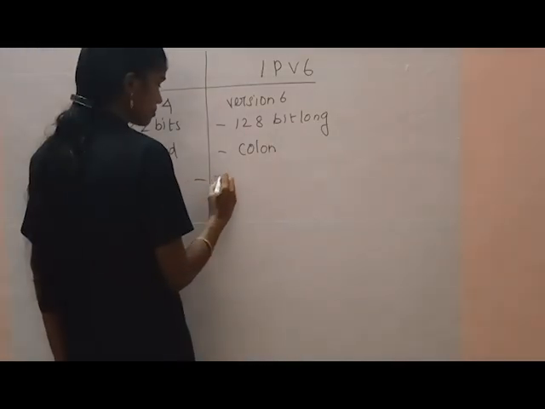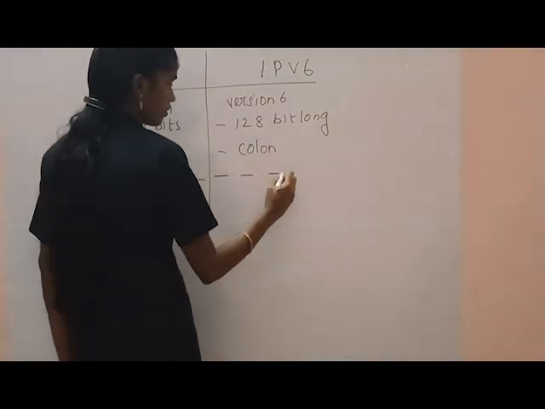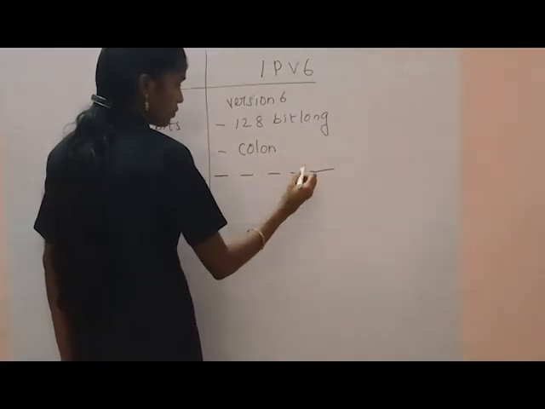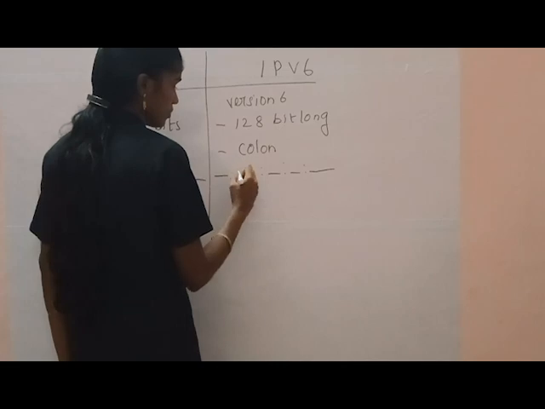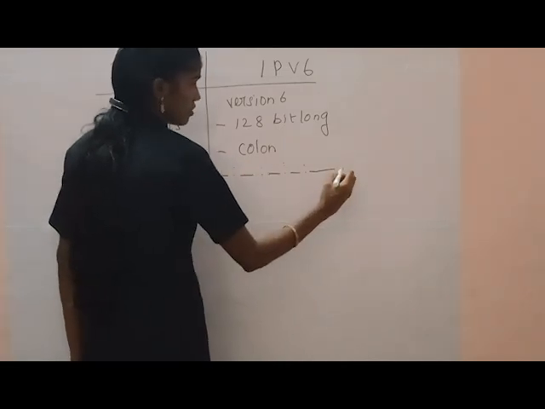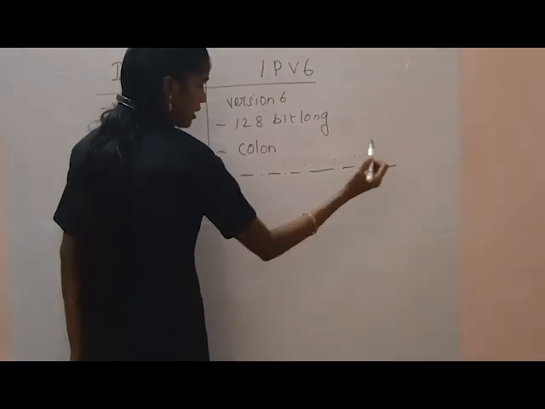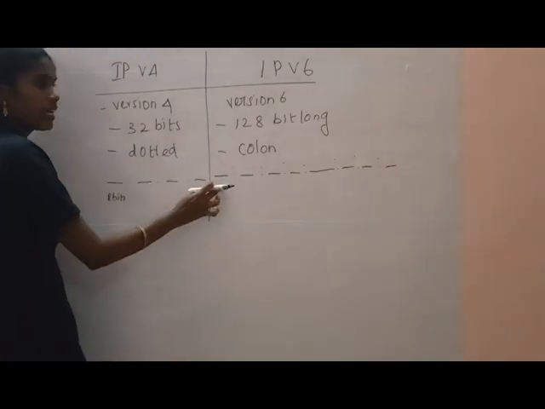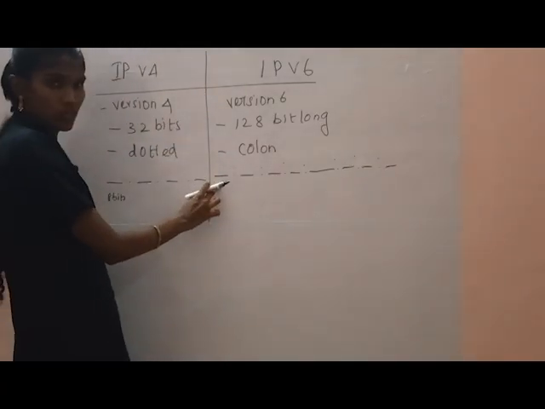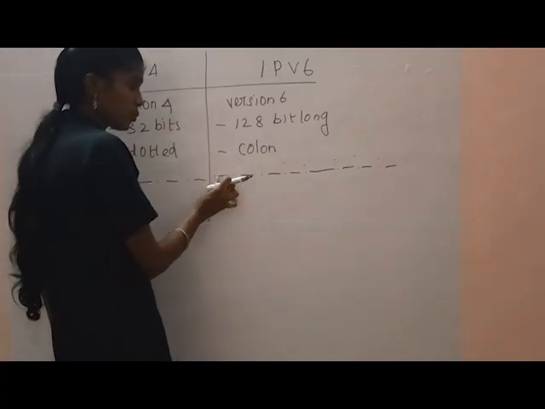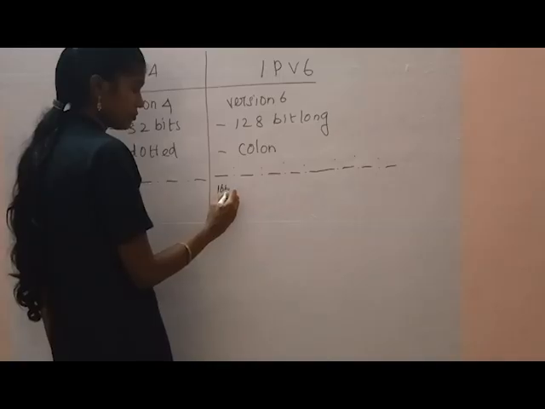Likewise, one, two, three, 4, 5, 6, 7, 8. And here 8 groups, and each group has 16 bits.